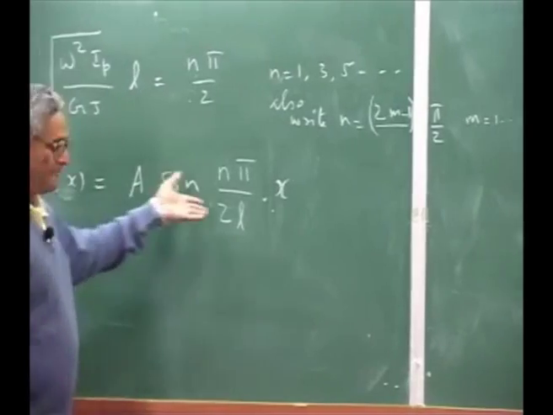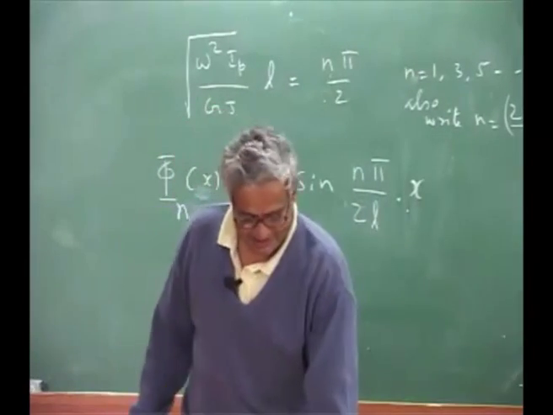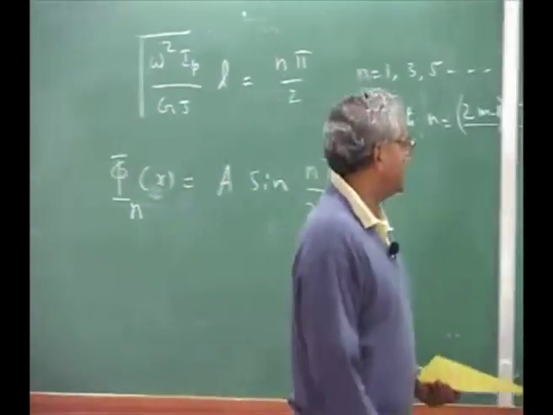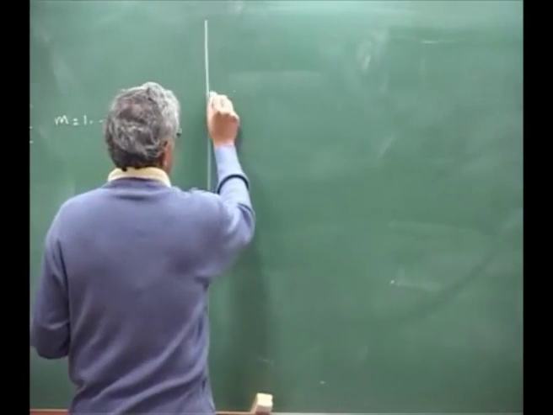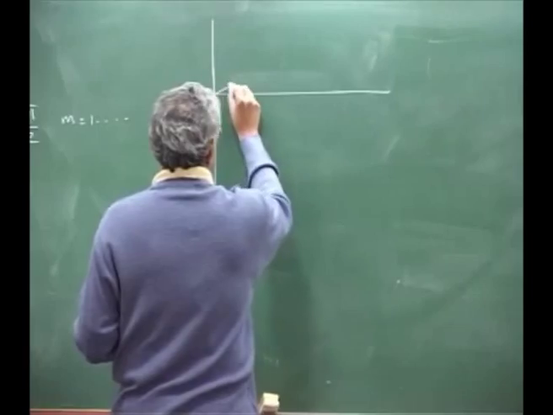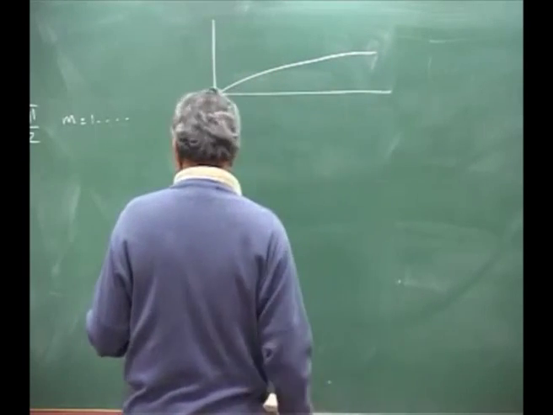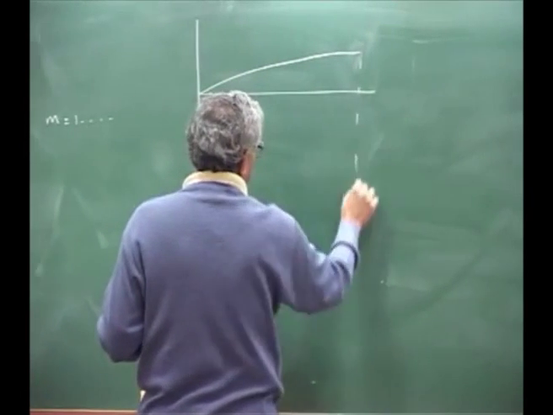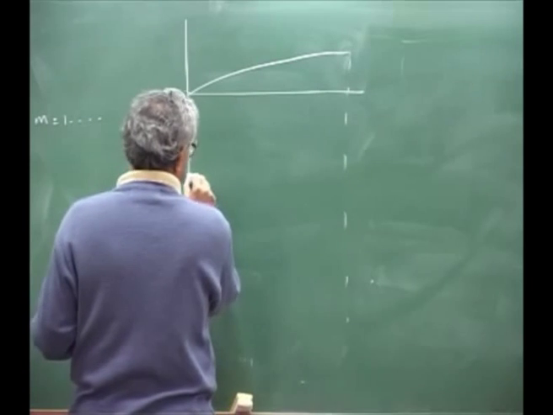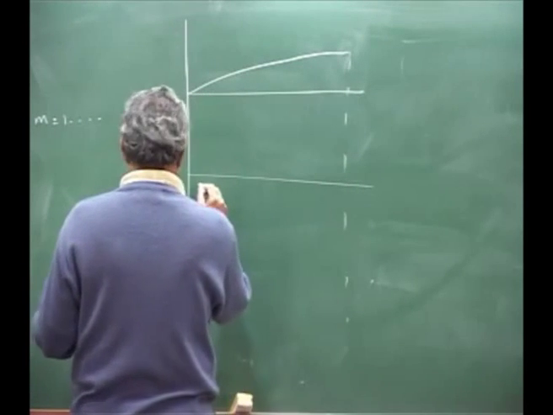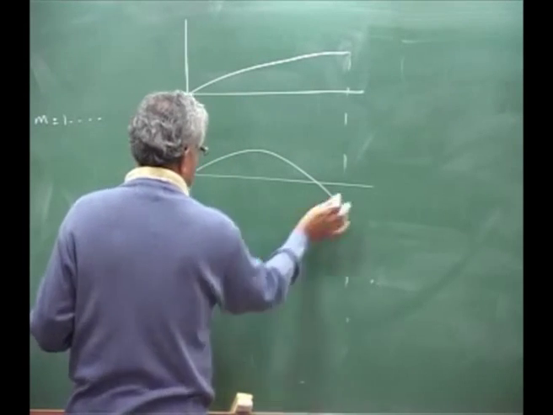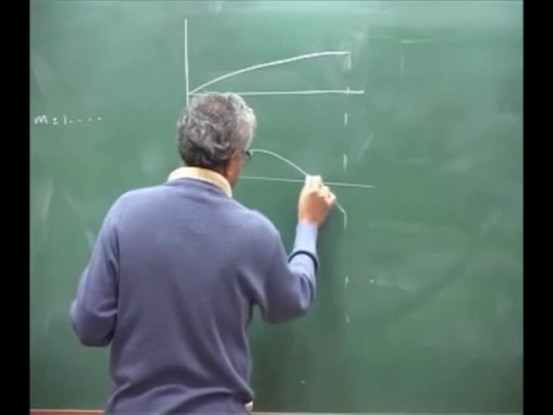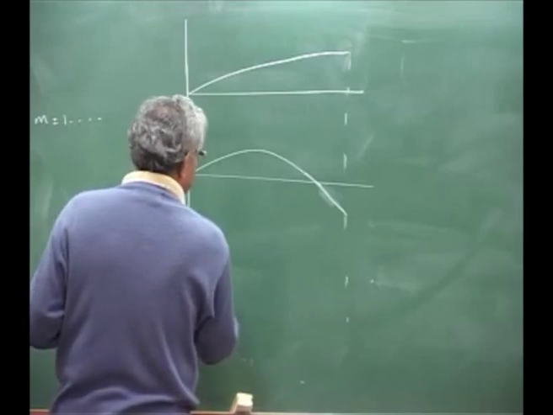So this is the shape, and now you plot the mode shape. You will have a sine wave, this is L, and the second one will be like this, and the third.